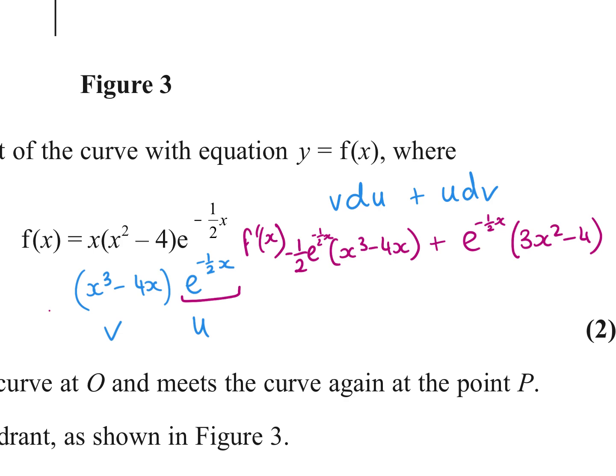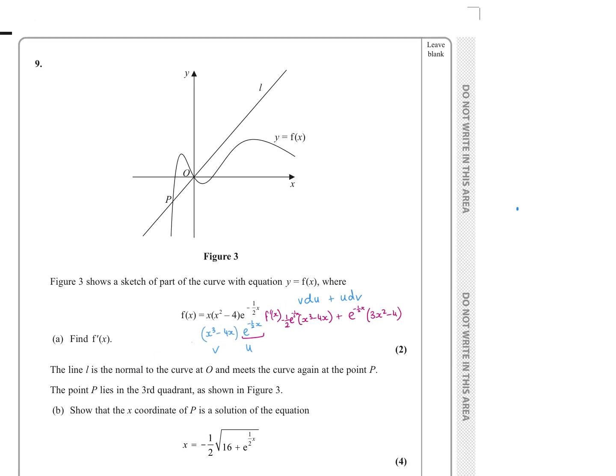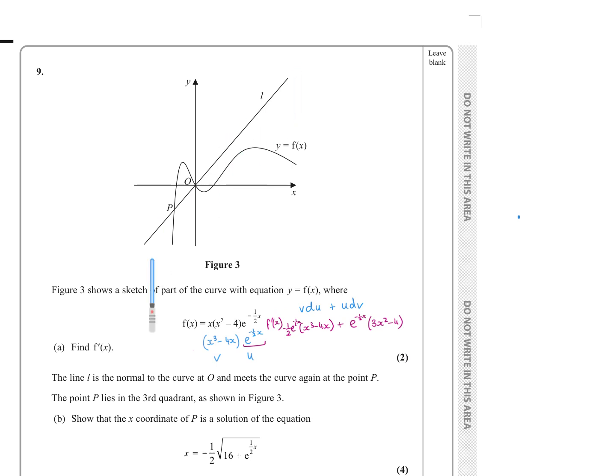Now, here we go. The next part says something about the line L is the normal to the curve at O and meets the curve again at the point P, okay? The point P lies in the 3rd quadrant as shown in figure 3. This means we have a negative x and negative y, okay? Show that the x-coordinate of P is a solution to this equation.